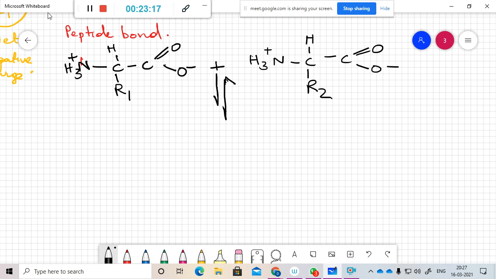Now what happens? The peptide bond formation takes place. You have a water molecule coming out. You have a CONH group formed.